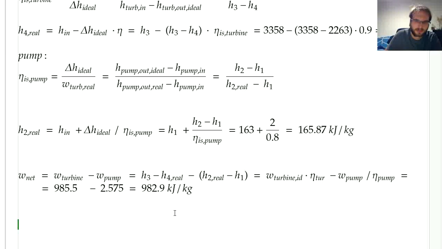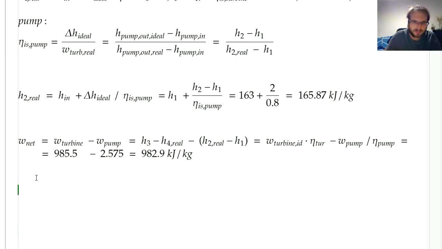Now what does it do with the heat input and heat output? The heat input stayed nearly the same. There was a very small change in the enthalpy at the pump outlet. So the Q in is still H3 minus H2.